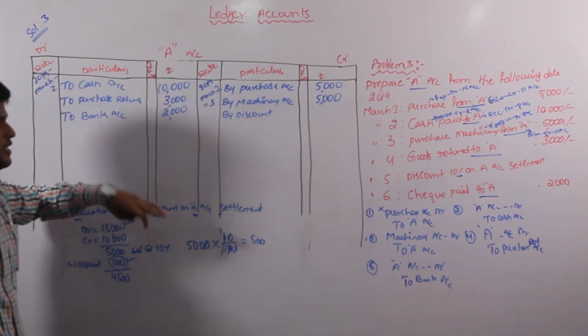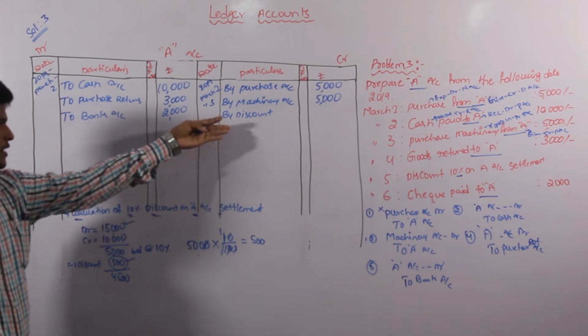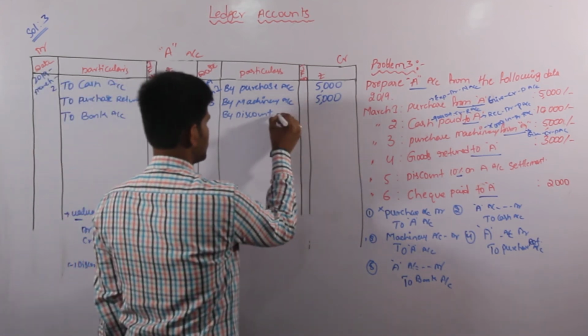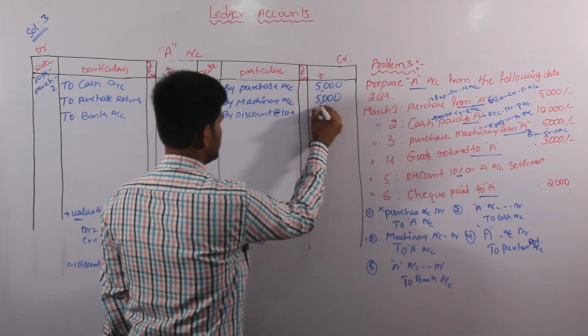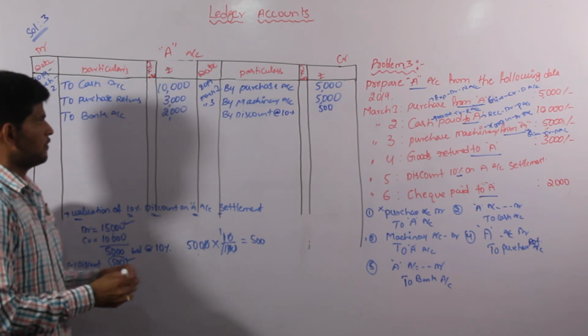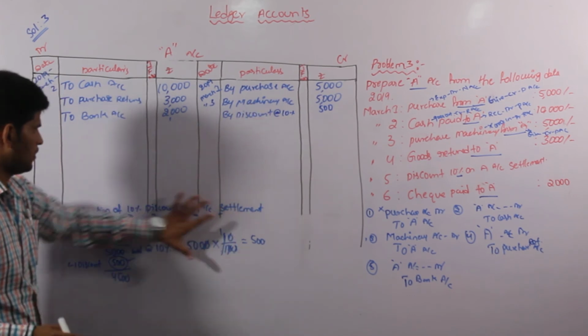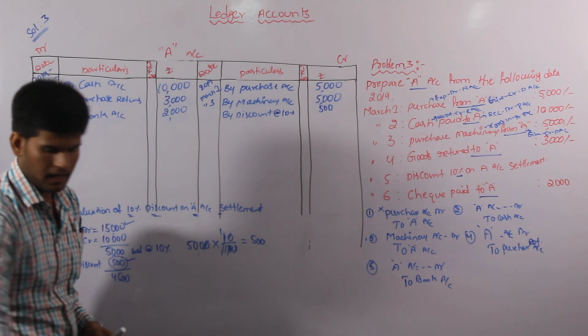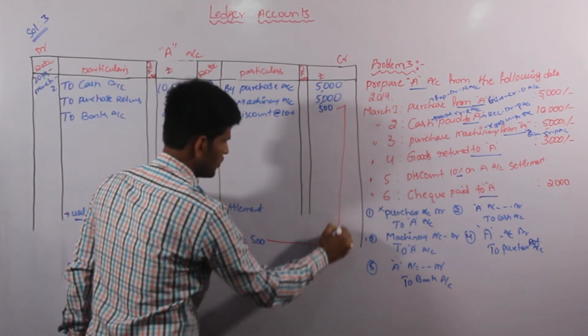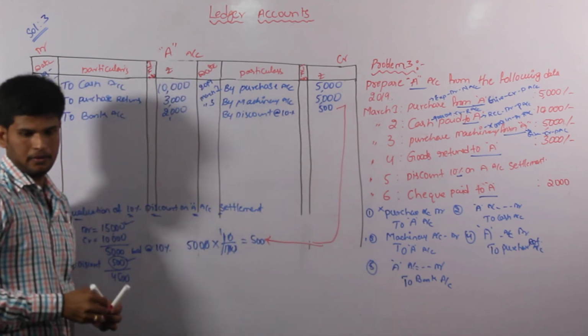If the discount is given by the person, then there is no buy; we are settling the account of A. That is the reason I am entering this discount of 10%, 500, here. Right? So the discount value is completed. This value depends on this procedure, and I am giving a line mark showing how the value is arrived at.